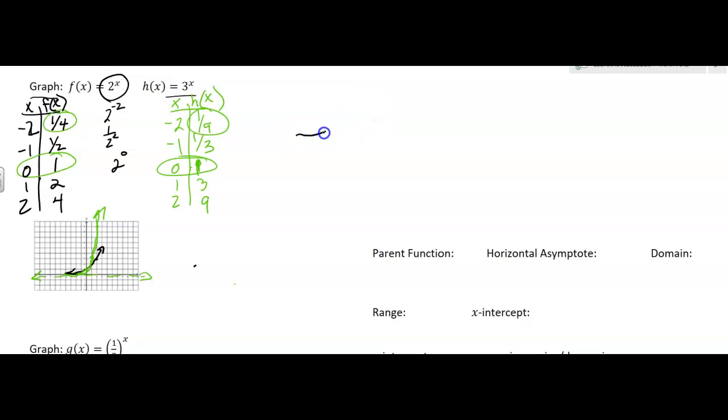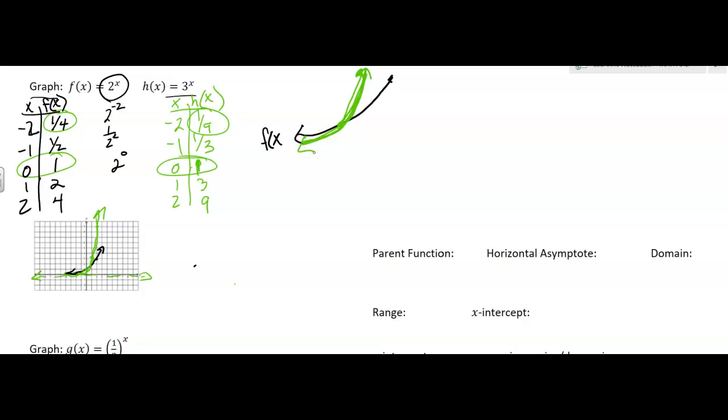A curve that's going like this, call this f of x, but then h of x has a point that they have in common, that point 0, 1. It's underneath, and then it's going up quicker, not linear, but more like a curve. And so it kind of crosses over. That's what's going on with those graphs.